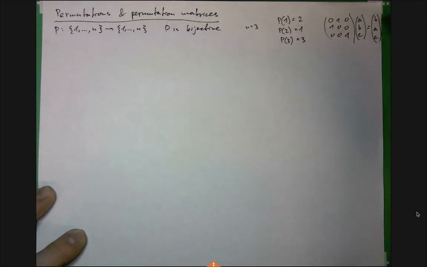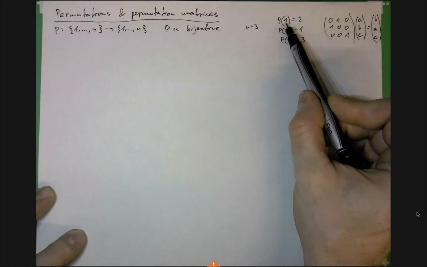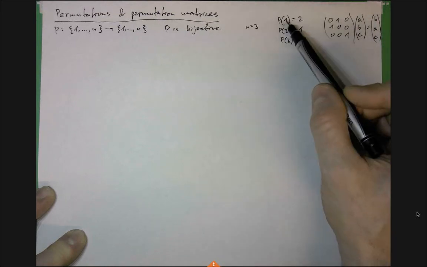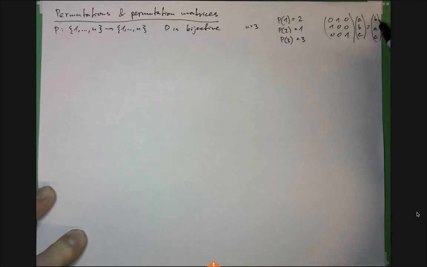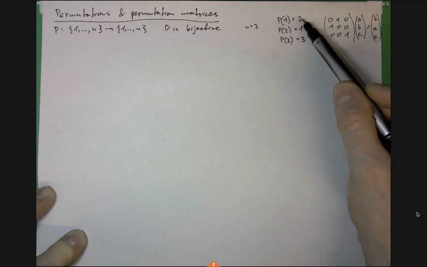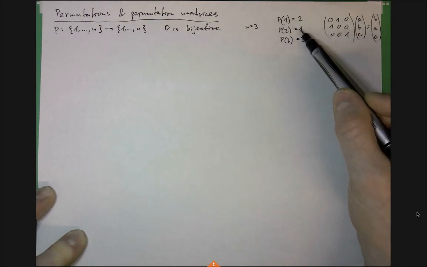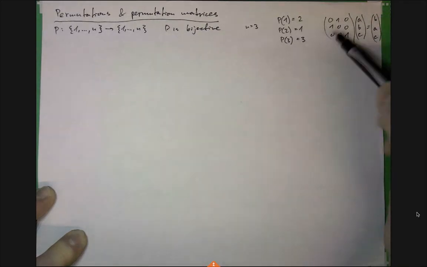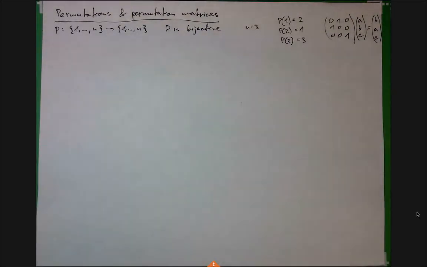So the first coordinate of the result is the second element, the second coordinate of the result is the first element, and the third goes unchanged. That's exactly what the matrix does.